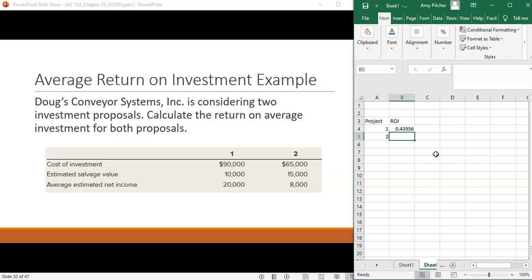We get approximately 44% return on investment. We can also do the same for project 2: 8,000 divided by 65 plus the 15, divided by 2, and we get a 20% return. So we know that project 1 has a better return on investment than project 2.